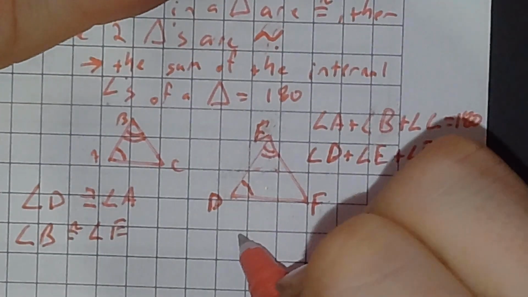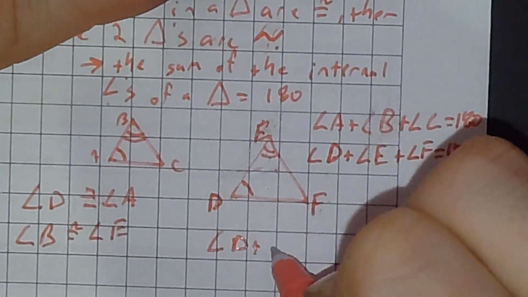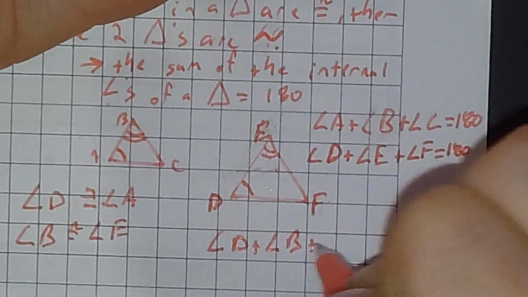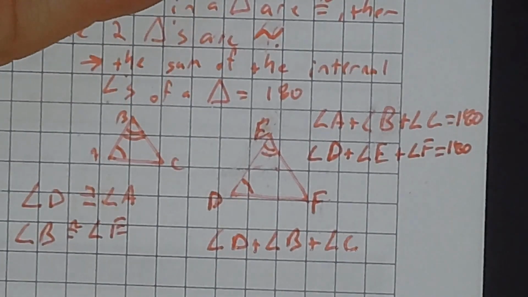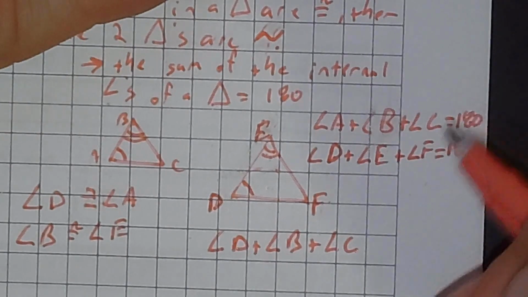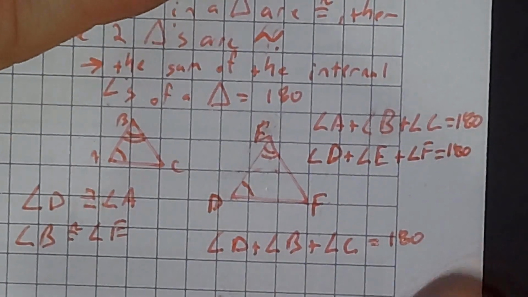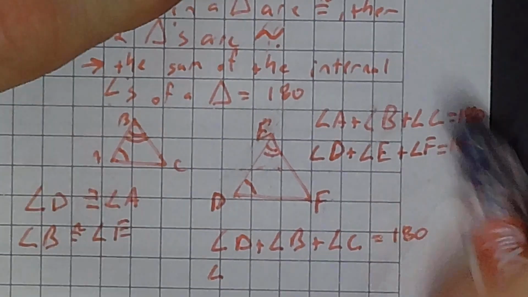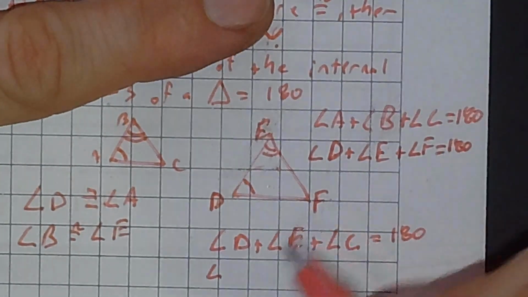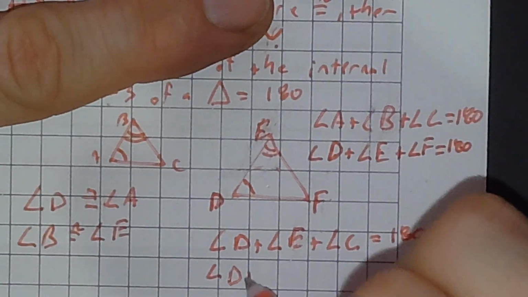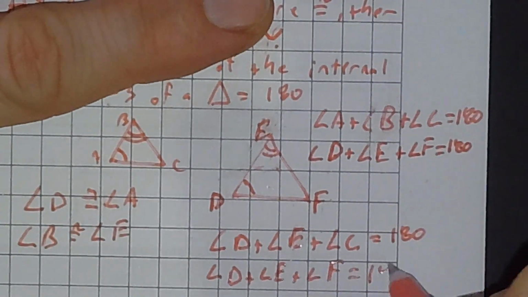I'll do angle D plus angle E plus angle C equals 180, and then I'll say angle D plus angle E plus angle F equals 180.